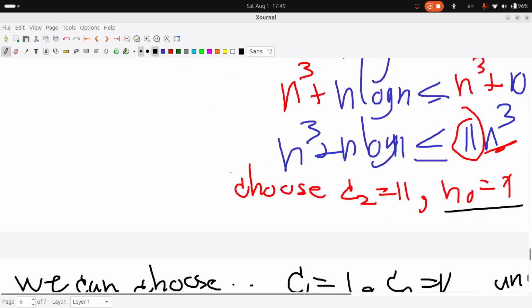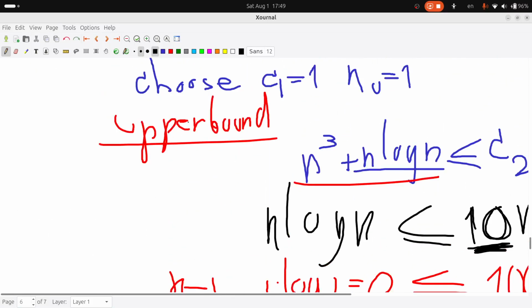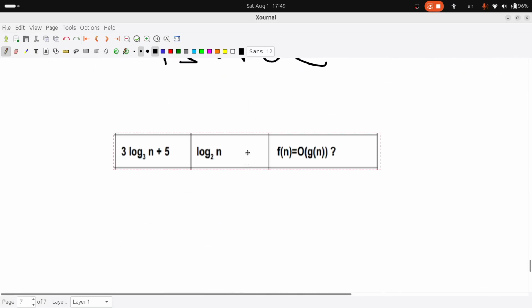So we want to prove whether 3 log n base 3 + 5 is equal to big O of log n base 2 or not. We can write it like this.